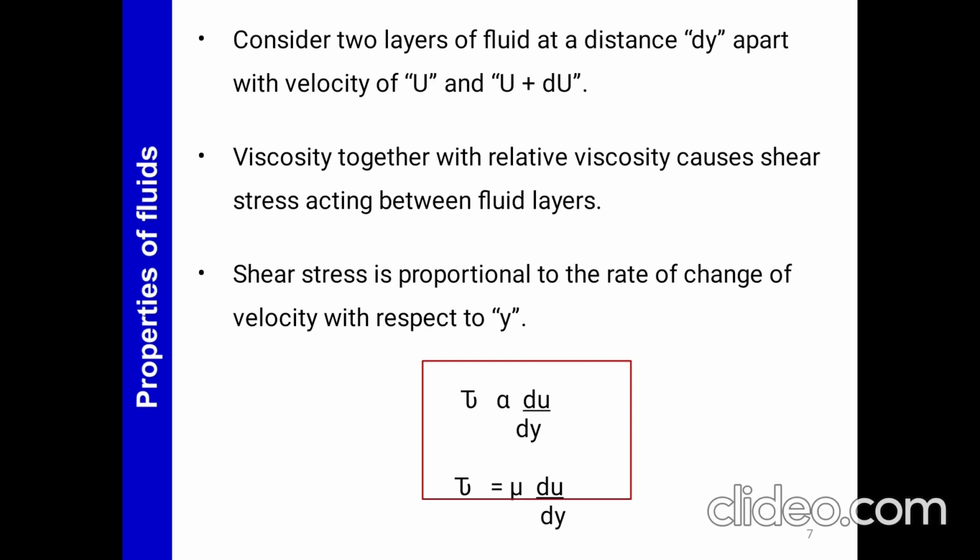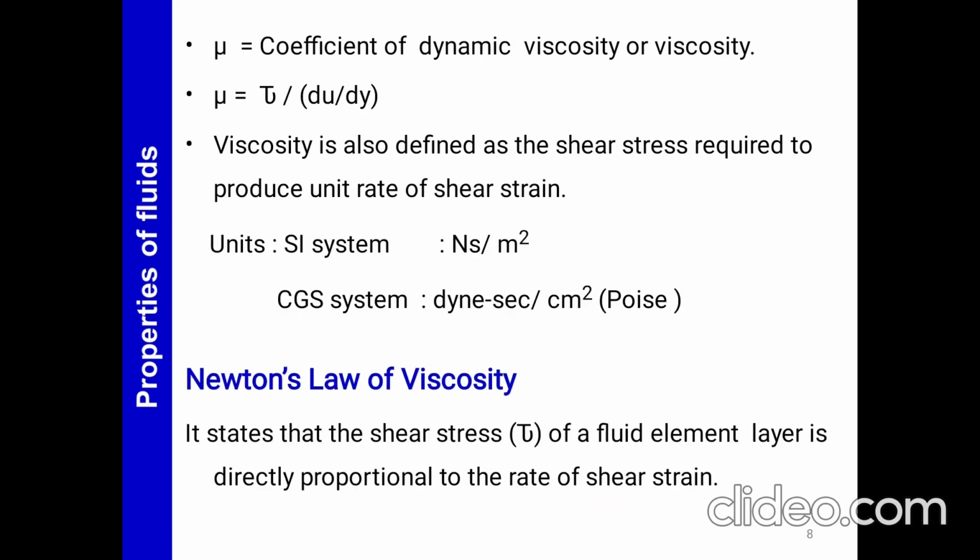Shear stress is proportional to the rate of change of velocity with respect to y. That is, tau is directly proportional to du by dy. So, in order to remove the proportionality, we include tau is equal to mu into du by dy. Here, mu is the coefficient of dynamic viscosity.